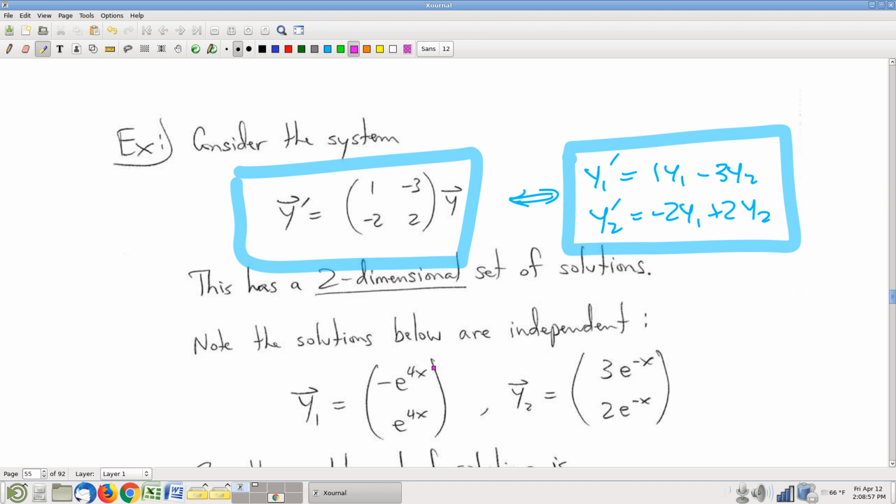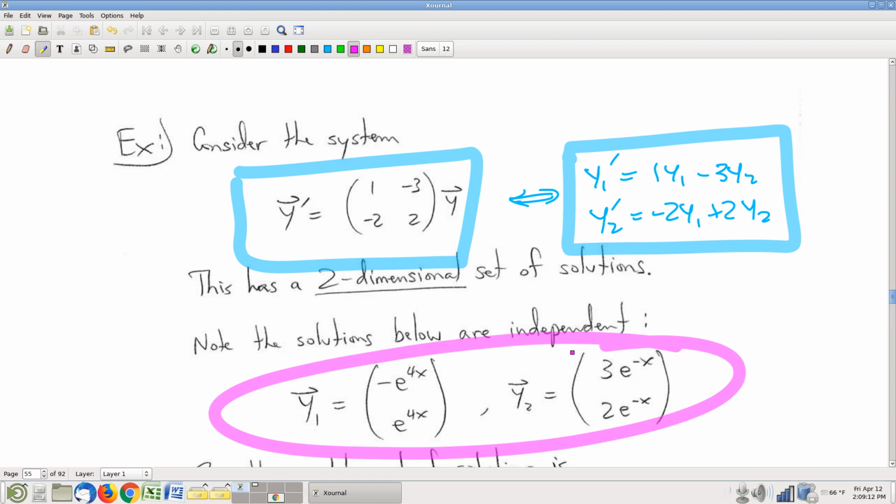Well, let's see here. This is a 2x2 matrix. Therefore, our theorem tells us that we are looking for a two-dimensional vector space. Right? I have found two vectors in our two-dimensional vector space. Casual inspection, they're clearly not parallel.